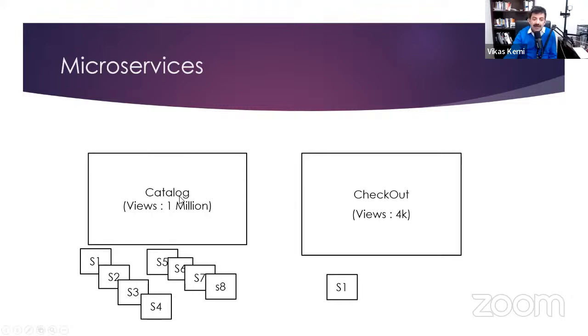So maybe in the catalog microservice, you may be getting 1 million views, whereas for checkout very few people are going to check out. So you have 8 servers for the catalog microservice, whereas for checkout, since the volume is very low, you may have one server. This is how you scale out by the processes in the microservices world.